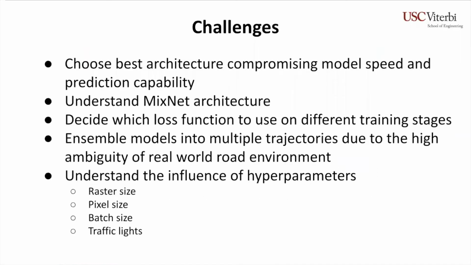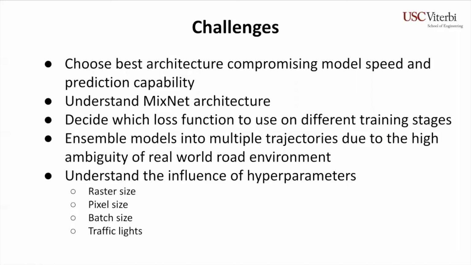So we had a lot of challenges. One challenge is that we want to choose the best architecture that has a very good inference speed. In order to compromise between model speed and prediction capability, we transitioned to Mixnet as our architecture.